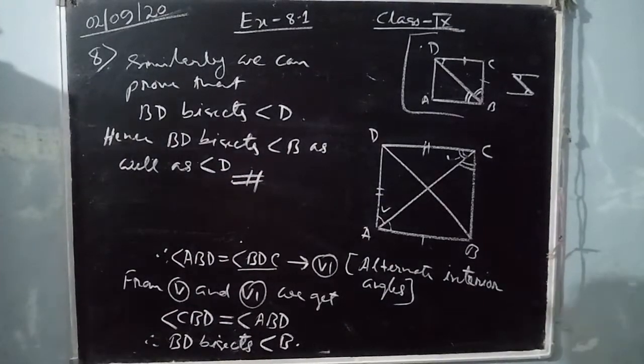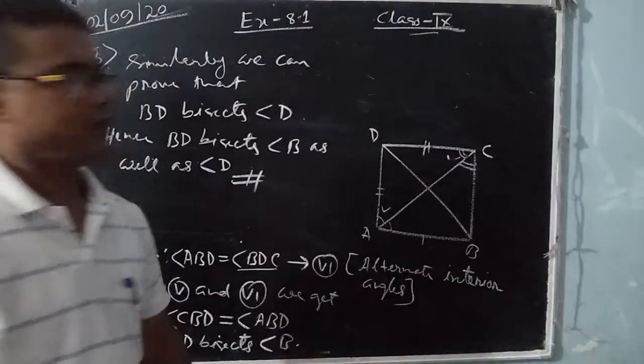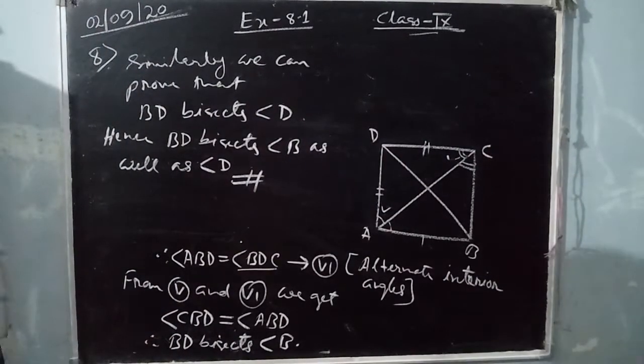This is the proof. This part is the auxiliary part, no need to write it. This is for understanding purposes. So this is the proof.